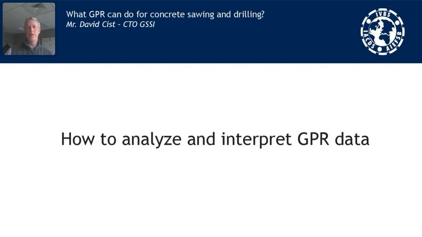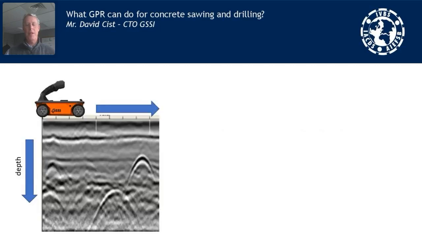Now let's look at how to analyze and interpret GPR data. This is fun because it's both complicated and easy, and I want to take some of the mystery out of it. When you push a radar across the ground, across the top of your slab, you get these targets. If you've ever used a fish finder, you can see these little hyperbolas, the little hats, and they show up whenever you get close to a reflector and then go away from a reflector.